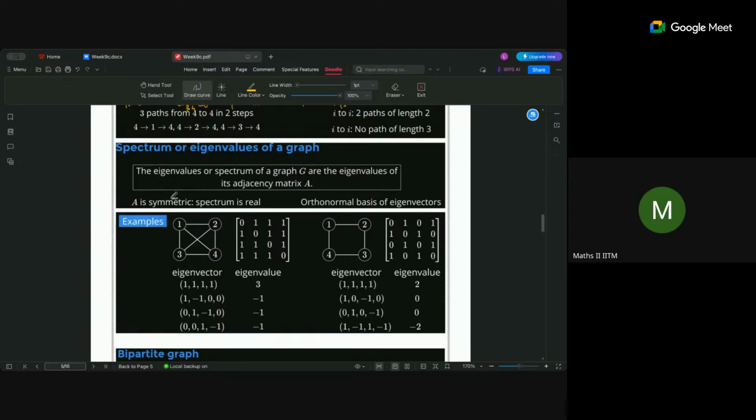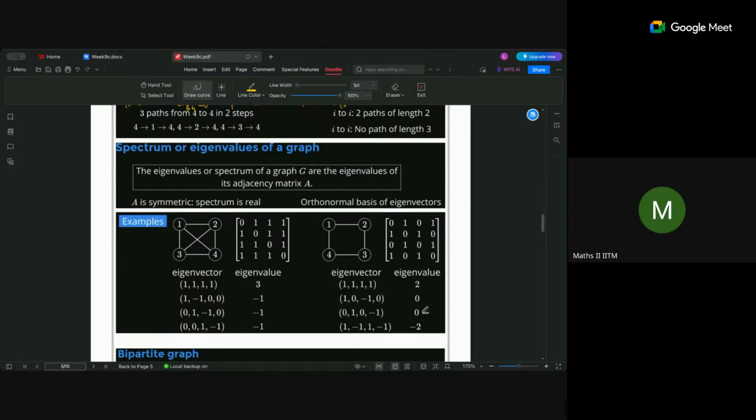If you have a symmetric matrix, you already know all the eigenvalues are real, and you have an orthonormal basis of eigenvectors. So adjacency matrices are symmetric and have only real eigenvalues. Here are some examples.